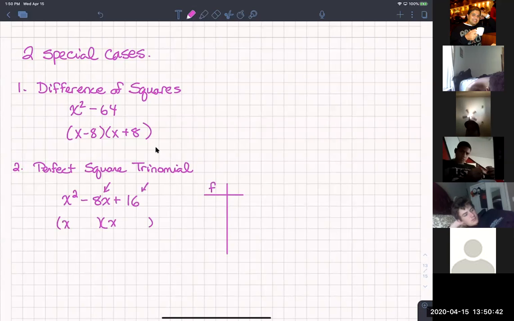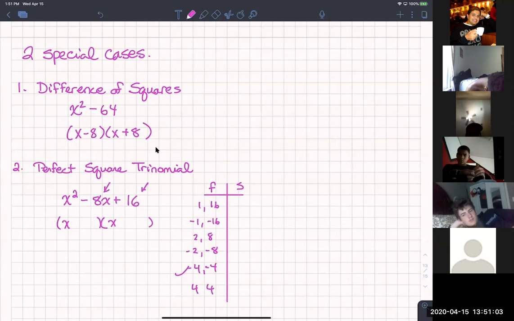So the factors of 16 are 1 and 16, -1 and -16, 2 and 8, the negative versions of that, and -4 and -4, and 4 and 4. All of these are positive and negative factors of 16. When we add them, we get 17, -17, 10, -10, -8, and 8.